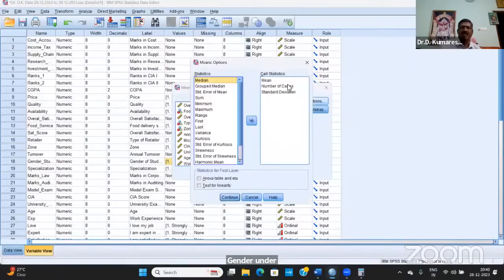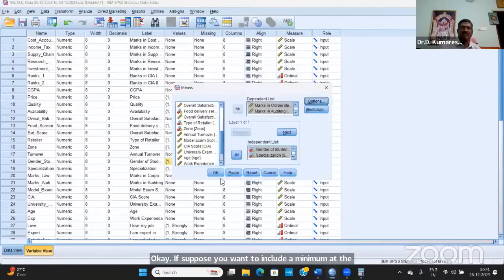Options: number, mean and standard deviation only. If suppose you want to include a minimum and the maximum, you can include. Then click continue. Then click OK. Now look at here.